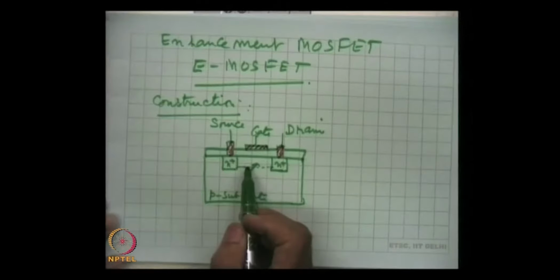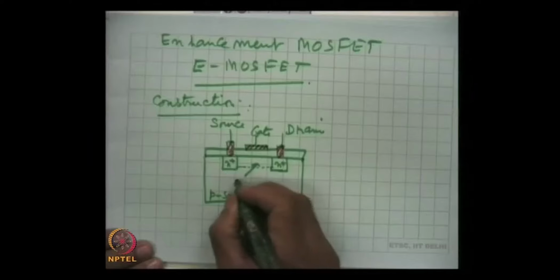Remember, in enhancement MOSFET there is no channel initially which exists in the device. So, at the time of fabrication there is no channel, and so this is channel region.